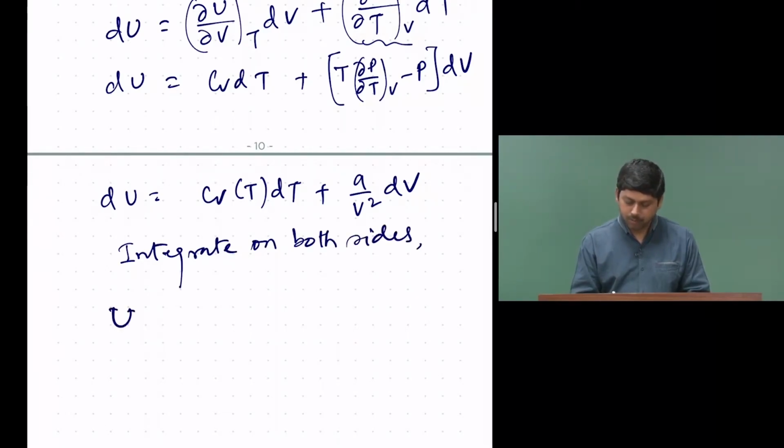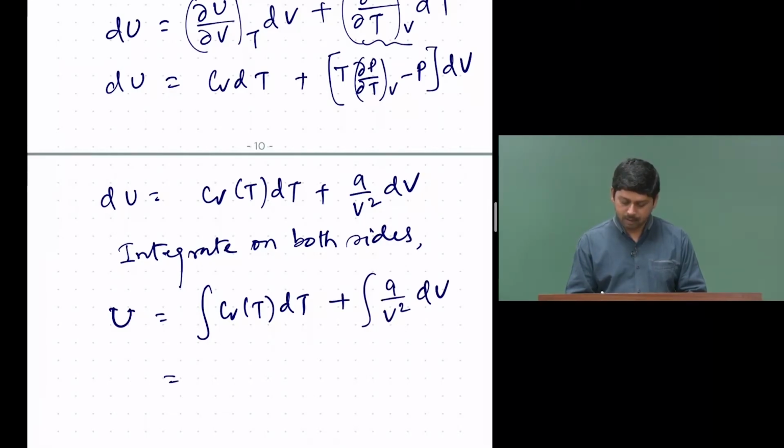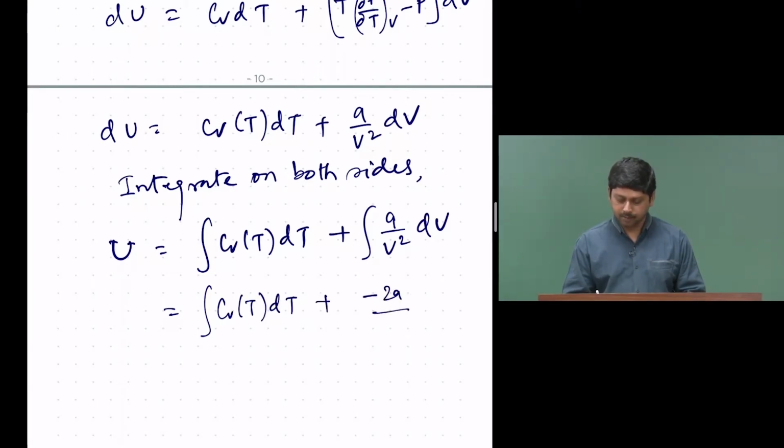This will give U as the integration of C V of T dT, plus the integration of A by V square dV. Without knowing how C V depends on T, we cannot integrate this, so we keep it in this form. The second integral will give minus 2A by minus 2 plus 1 V, plus constant.